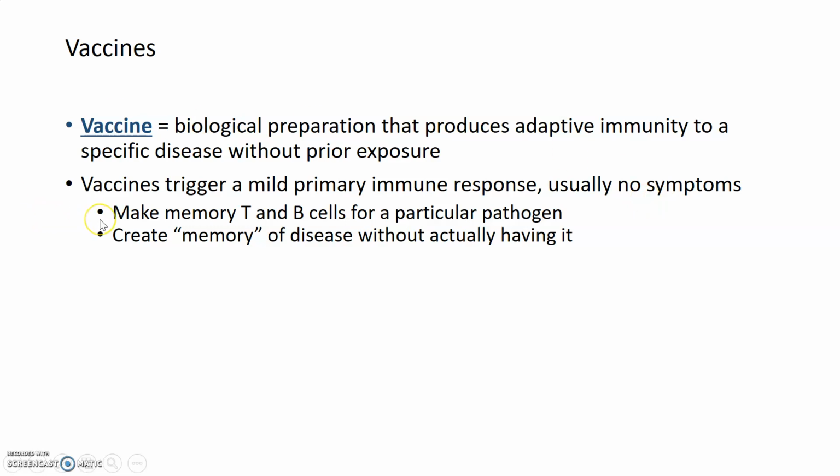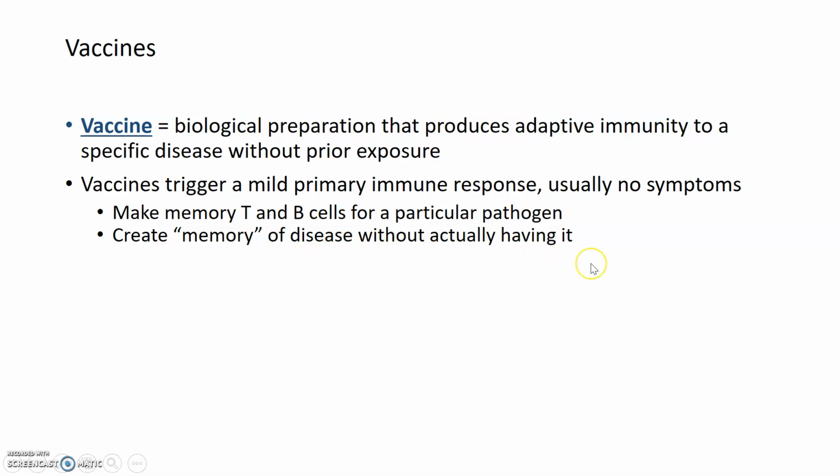And the mechanism by which this works is your immune system, or the host's immune system, can make memory T and memory B cells in response to vaccination and create a memory of a disease without actually having to have it or suffer through it.